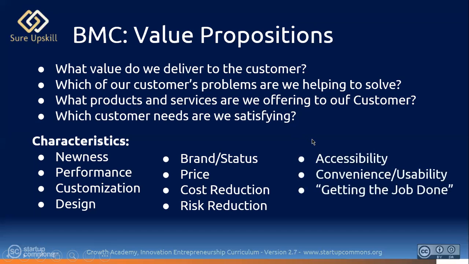Then, of course, accessibility, convenience, usability, and the very basics, getting the job done. Unless you get the job done, nothing will work. One has to have the delivery system to get the job done. Otherwise, all that you design and offer is of no use. It's the final delivery and execution that matters.